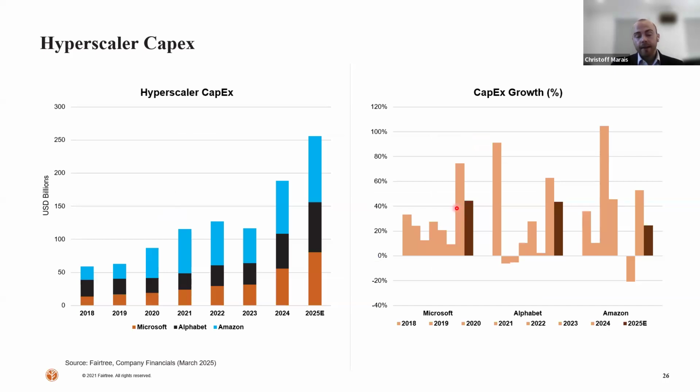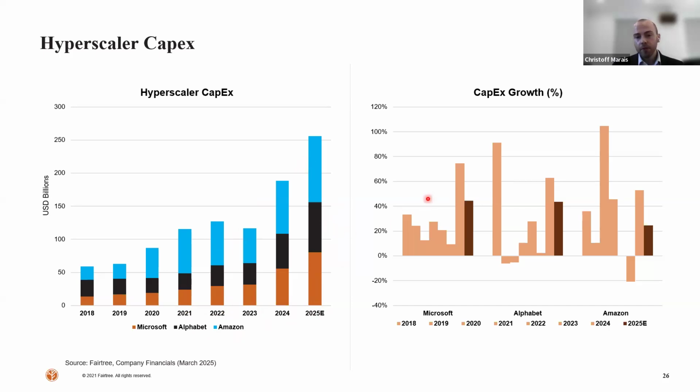So that being said, there has been a huge amount of CapEx spend for these models, or because of these models. I've summarized here Microsoft, Alphabet, and Amazon's CapEx from 2018 till the 2025 financial year, which they've guided for. As you can see, in 2023 they spent just above 100 billion, and that is expected to increase to over 250 billion.